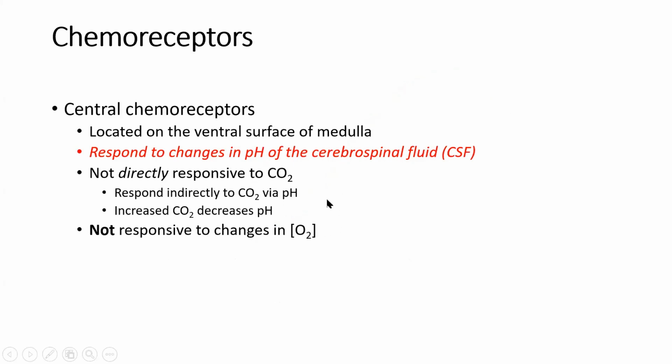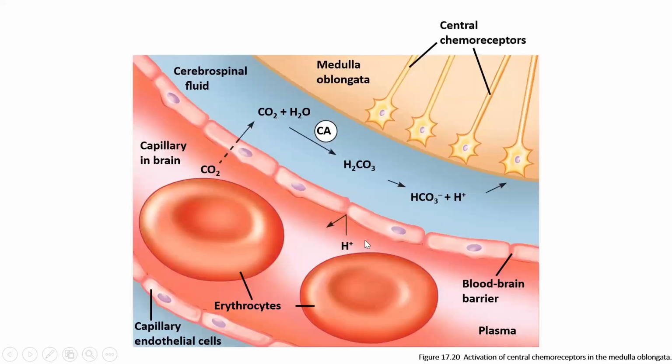Again, thinking about this idea that carbon dioxide can dissociate into bicarbonate ions and hydrogen ions. And so those levels of hydrogen ions will affect the pH, and that is what the medulla oblongata is going to be detecting, the change in pH of the cerebrospinal fluid. Okay, and they are not at all responsive to changes in oxygen.